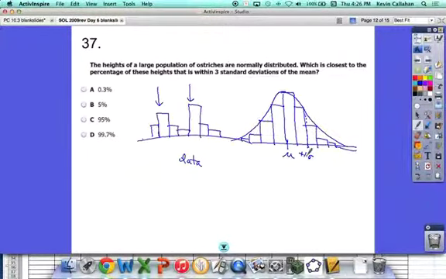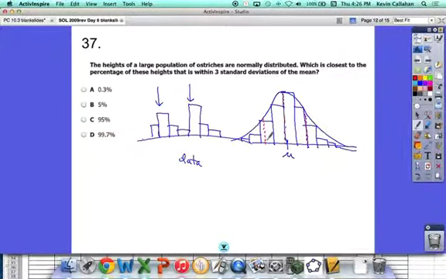That's kind of hard to see. Let me erase that. Right, there's the mean. There is 1 standard deviation to the right. And of course, it would be about the same distance to the left.